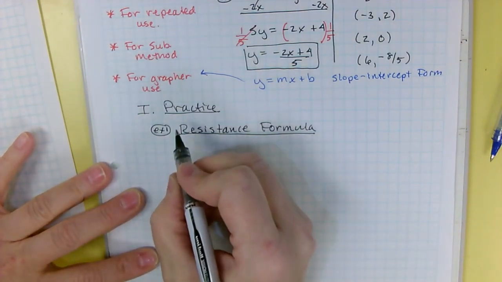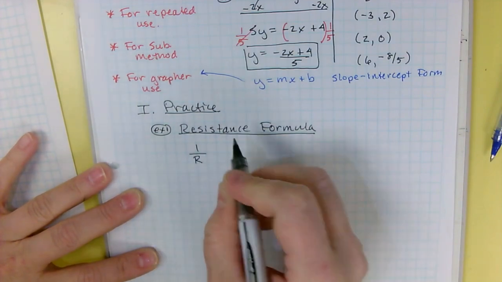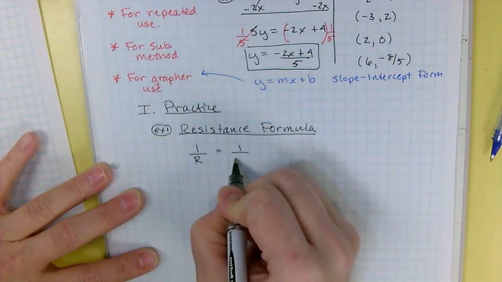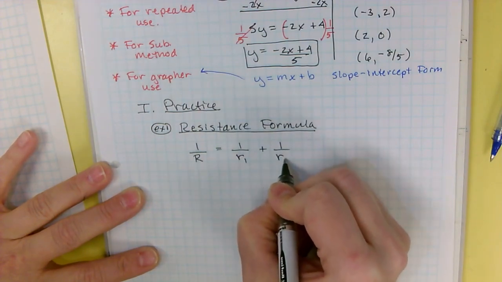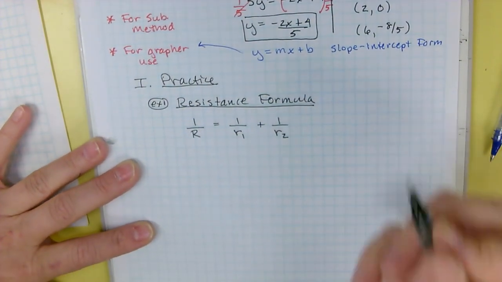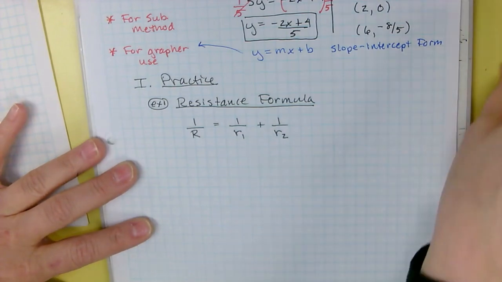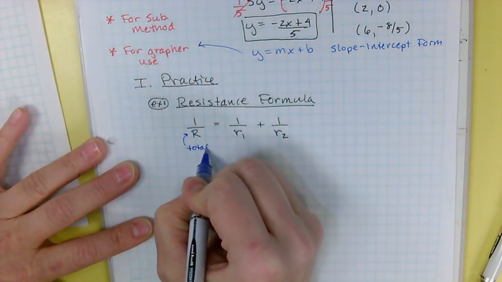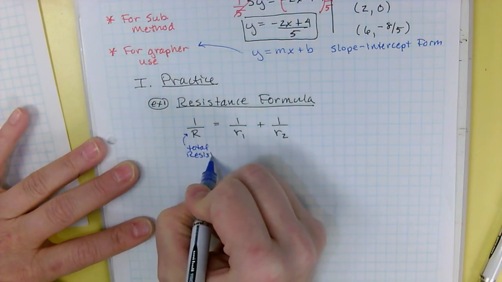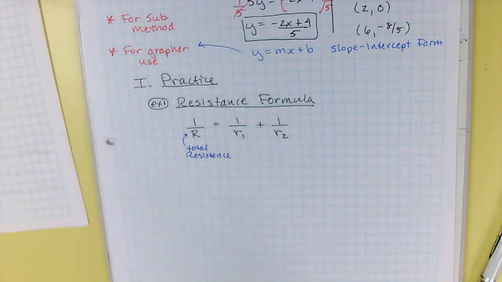So the resistance formula is 1 over capital R equals 1 over lowercase r sub 1 plus 1 over lowercase r sub 2. And in this formula, the capital R is the total resistance in the system. It's what you get.